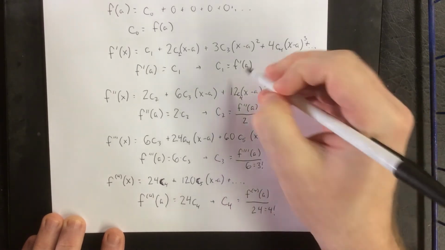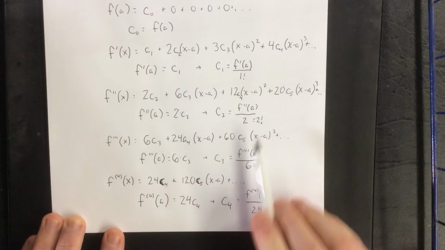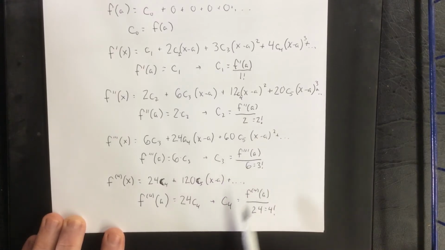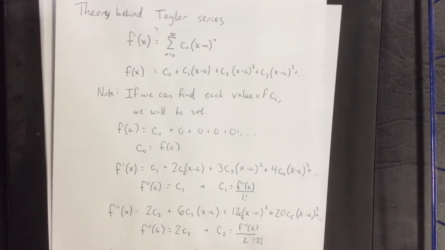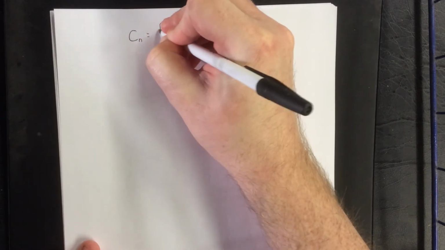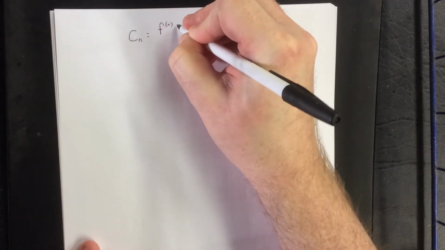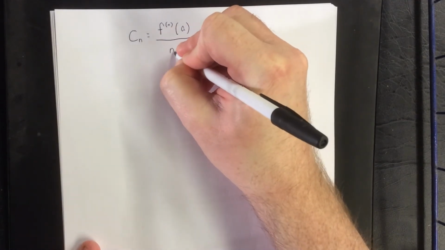So for c1, technically, this would be divided by 1 factorial. For c2, it's divided by 2 factorial. For c3, it's divided by 3 factorial. For c4, it's divided by 4 factorial. Or, if we were to generalize this, c sub n is going to be the nth derivative of f evaluated at a divided by n factorial.